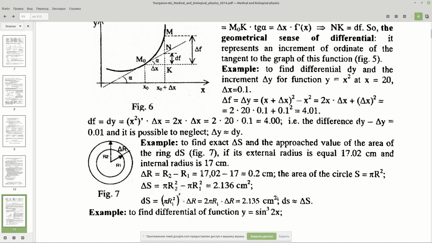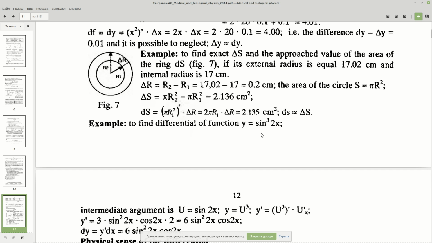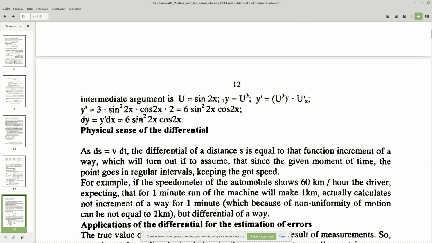So y prime is (u cubed) prime multiplied by u prime of x, and y prime equals 3 multiplied by sine squared of 2x multiplied by cosine 2x multiplied by 2.